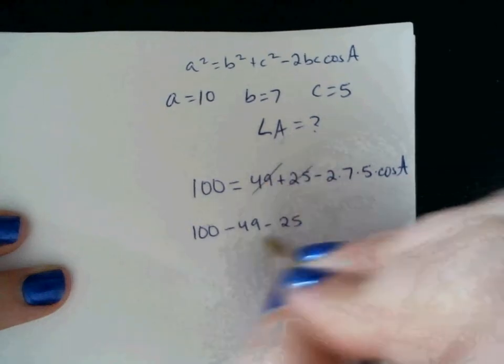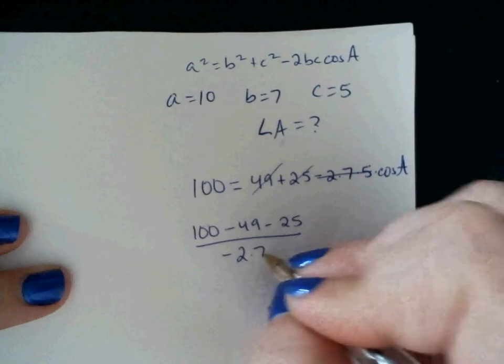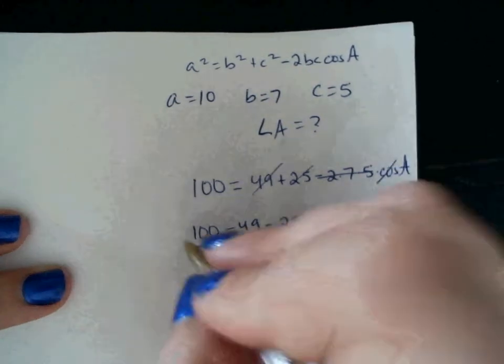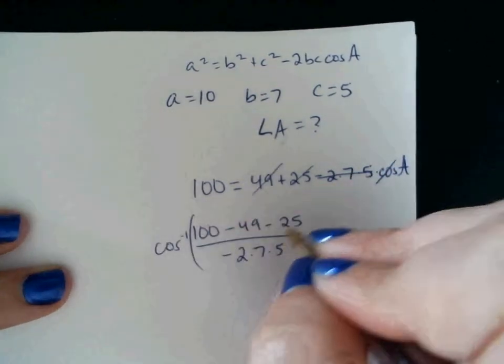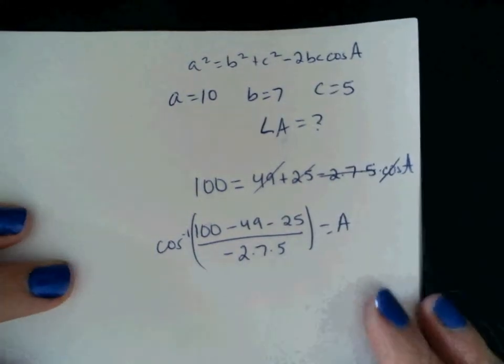So 100 minus 49 minus 25, divided by negative 2 times 7 times 5, and then we take the cosine inverse of all that and we're left with angle A.